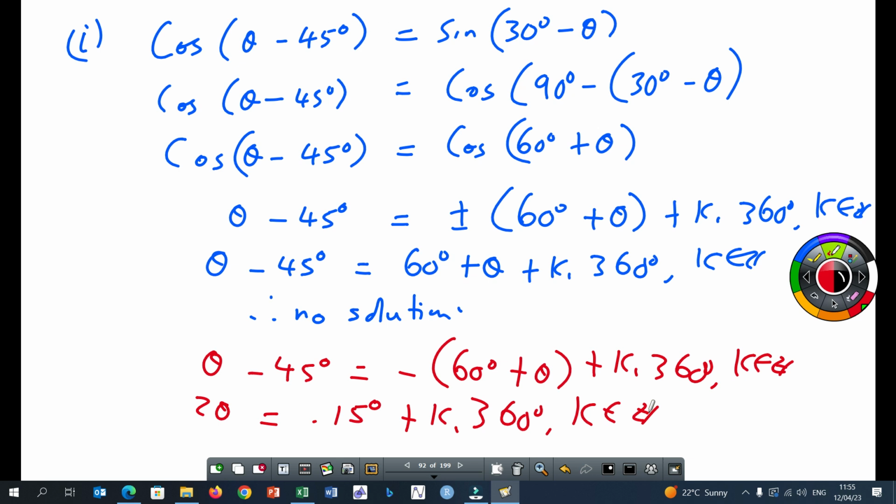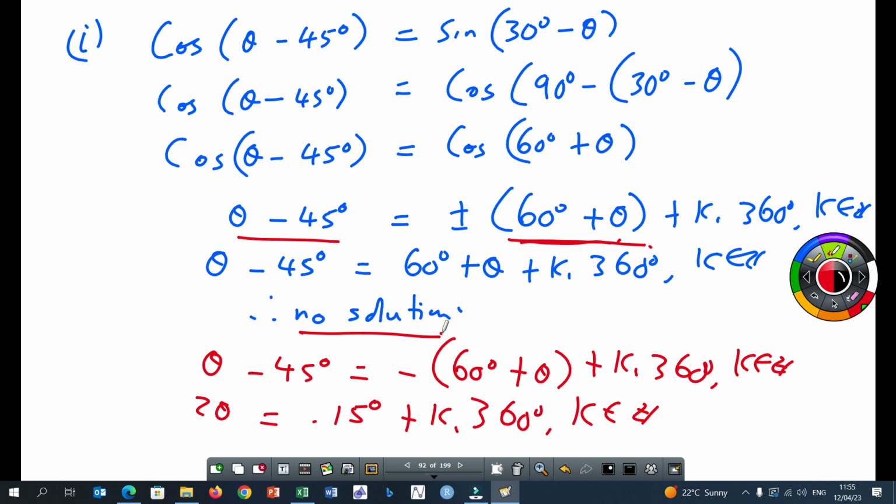Okay, just to emphasize here. So, here we converted sine to what? To cos. When you get here, for this question, if you take the positive of our reference angle there, you won't get a solution. But if you take the negative, you will get a solution. So I end up having 2 theta equal to that.